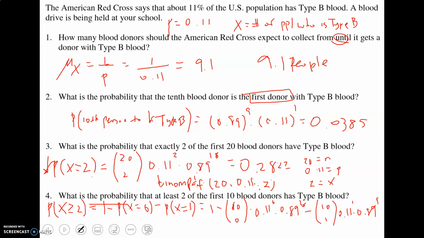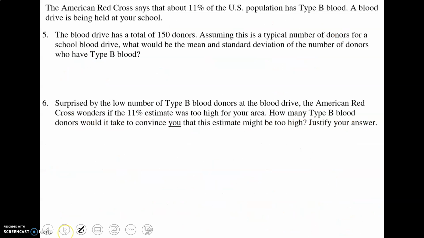Okay, so this is the setup, and then the answer is 0.3028. Again, you can do 1 minus binom CDF. If I write 1 minus binom CDF, it would be 10, 0.11, 1, right? Because 1 is the last number I include.